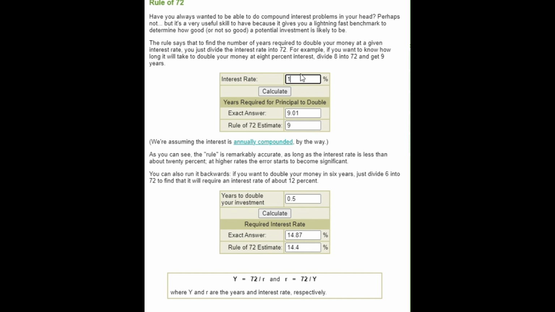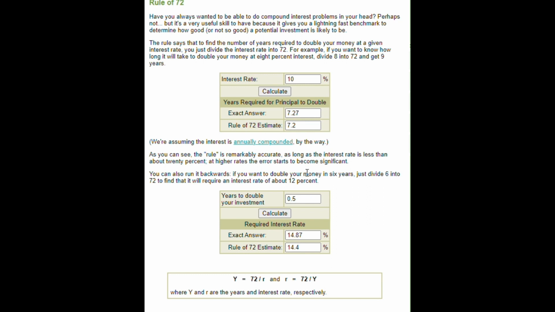Now let's say we move that up to 10%, and it now takes you 7.2 years to double. So if you're evaluating two particular investments and one is giving you an 8% return, one is giving you 10, you can now see that the one with the slightly higher interest rate is going to double your money a lot quicker, right?